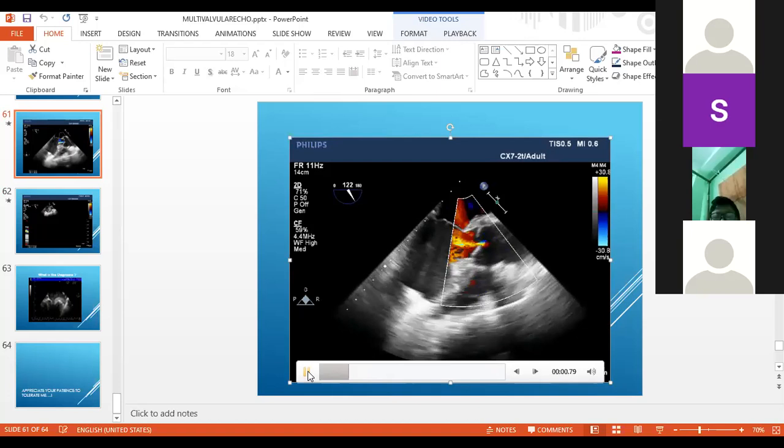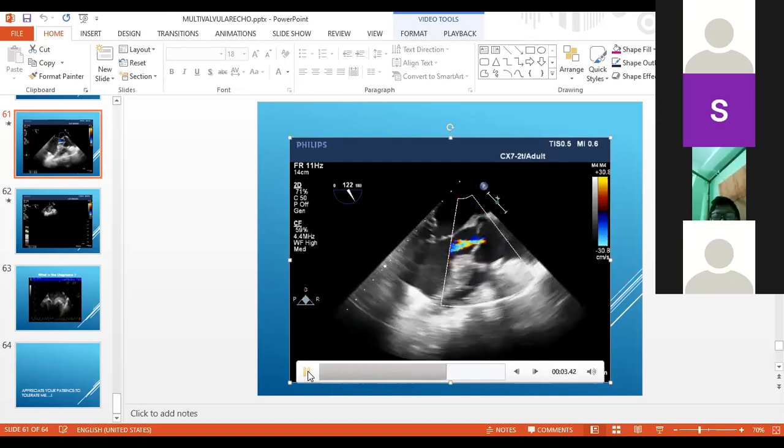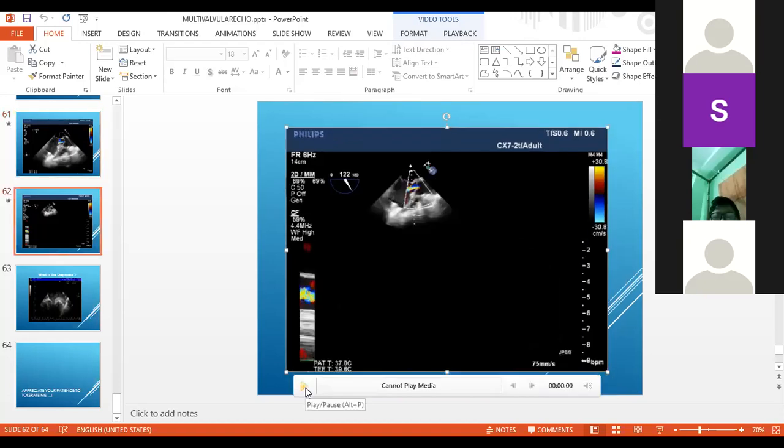And in which phase is the aortic regurgitation leaking here? Let me see if it plays once again, because this is a color Doppler. No, it doesn't play.